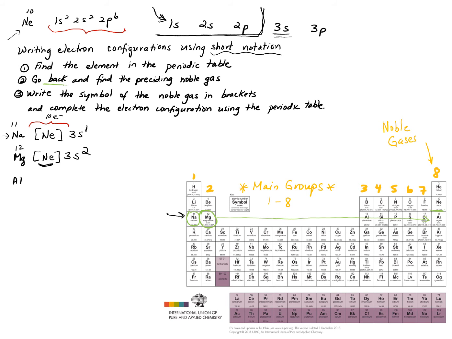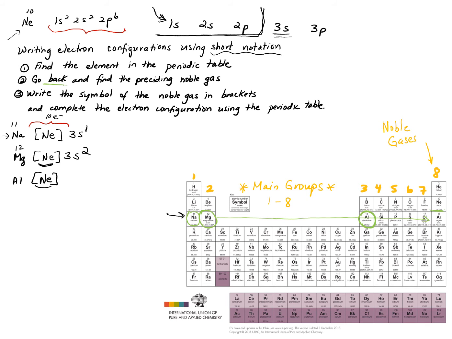The last one, aluminum, is right here on your periodic table. Element number 13. The noble gas that is right before that element will be again neon with 10 electrons.